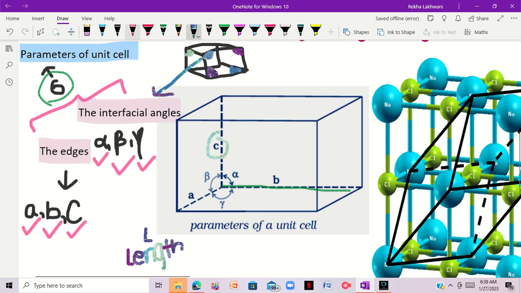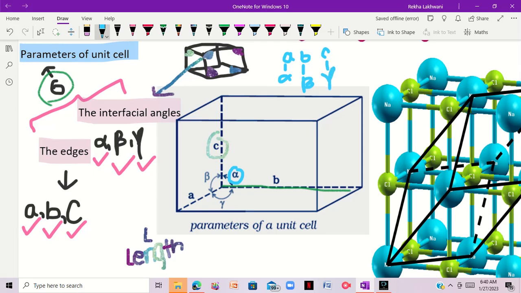So over here we have alpha. Alpha will come between B and C. Basically A means alpha, B means beta, and C means gamma.